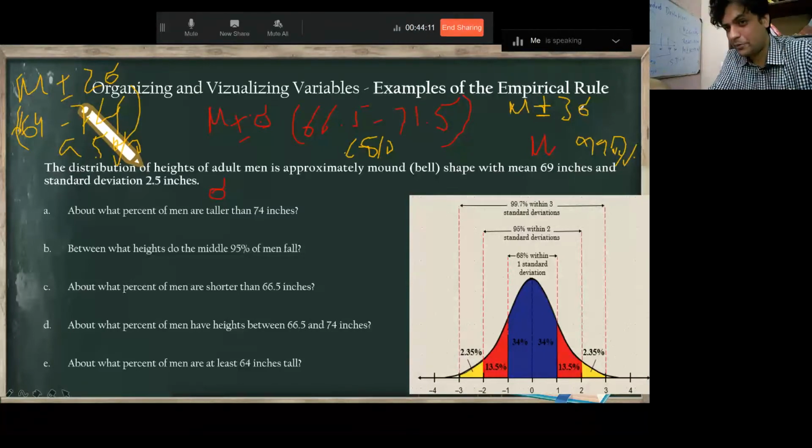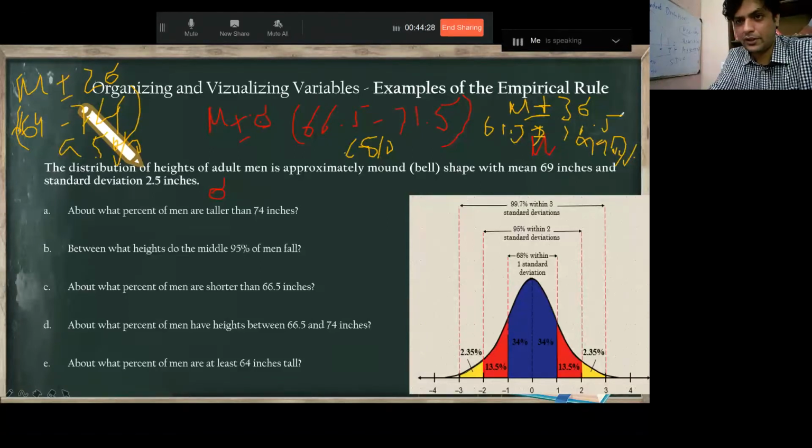What is 3 times 2.5? It's 7.5. So you can say 69 plus or minus 7.5, which gives you 61.5 and 76.5. These are the different data ranges I have calculated using the same formula, because mu and sigma are given.